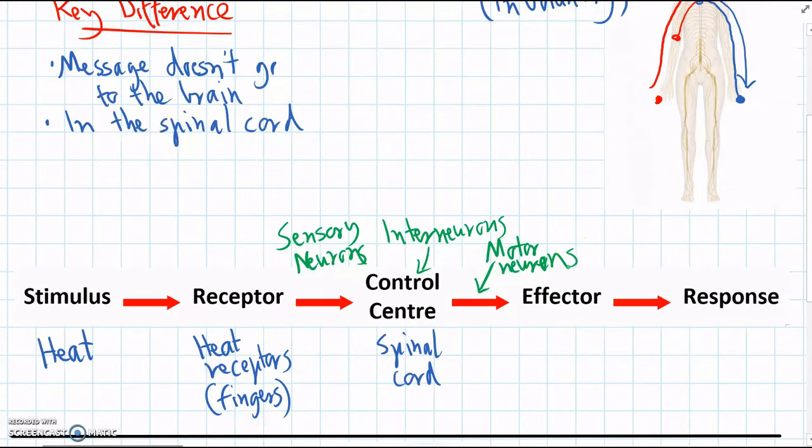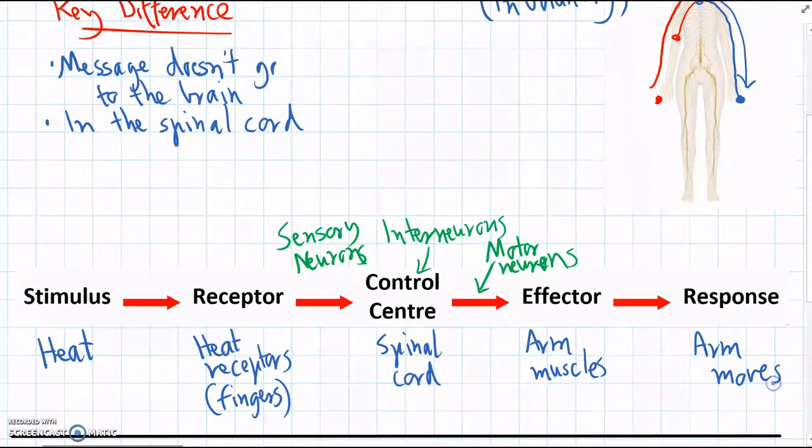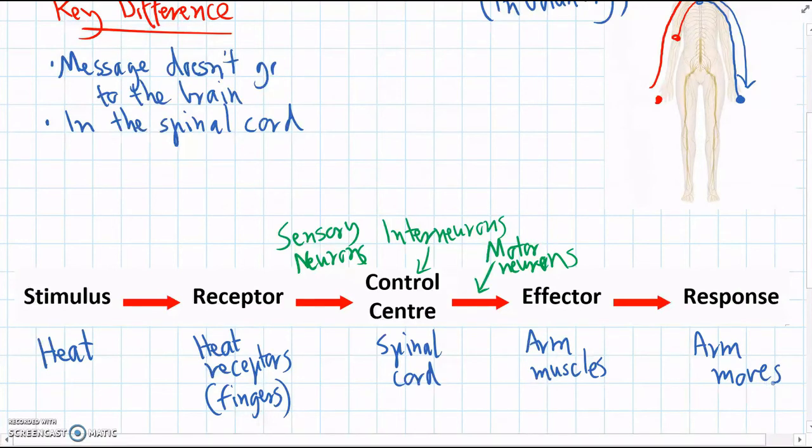Motor neurons are going to send that message to our arm muscles, which are the effector, and then we'll have a quick response. So our arm will move. So we can see that a reflex, there's a slight difference, but we still follow this stimulus response model.